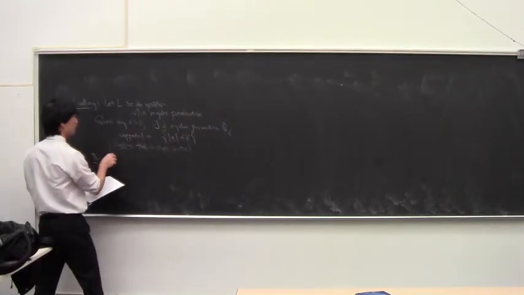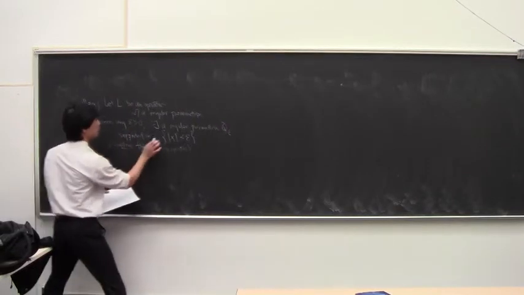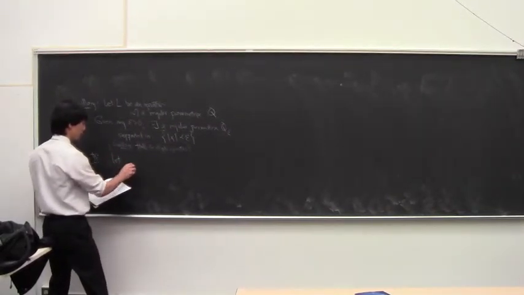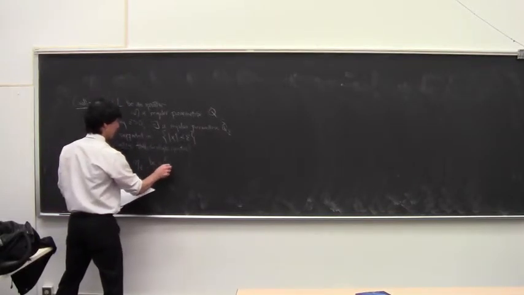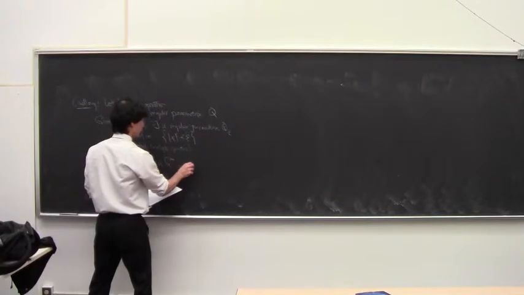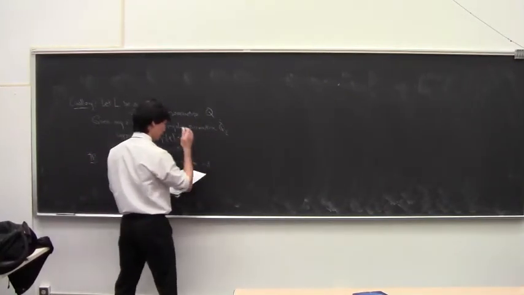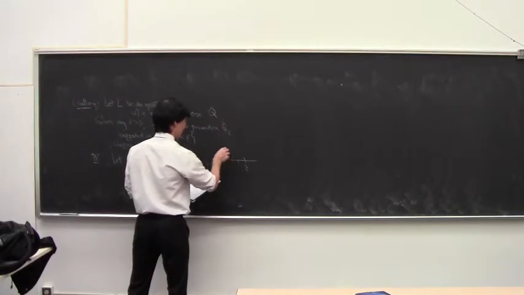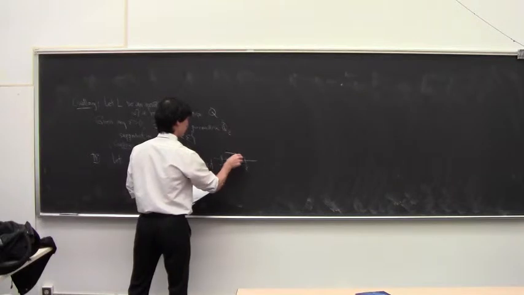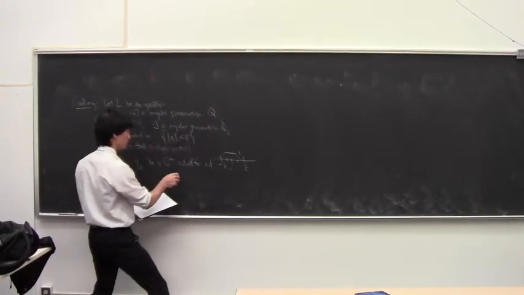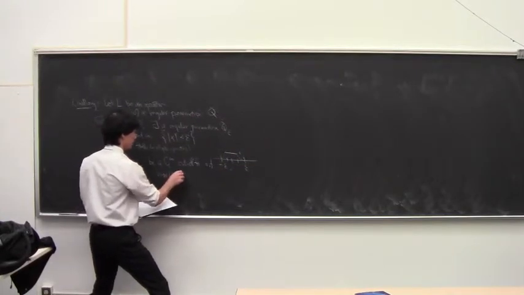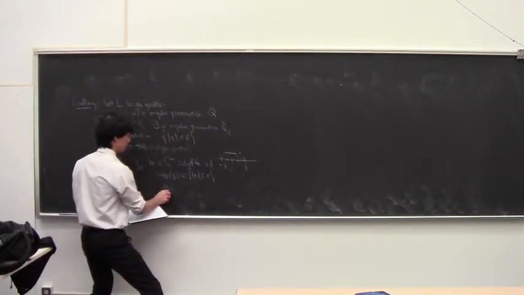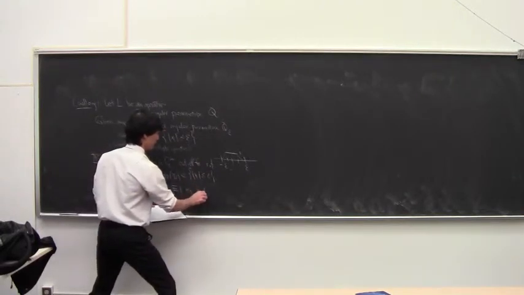Again, let's take the parametrix Q. So we let A sub epsilon be a compactly supported smooth function such that it's supported on the epsilon ball, right, and it's equal to 1 on the half epsilon ball. So the support is contained in the epsilon ball, and this function is constantly equal to 1 on the half epsilon ball.